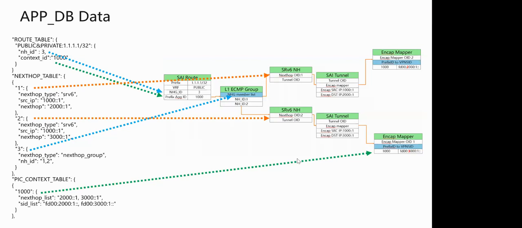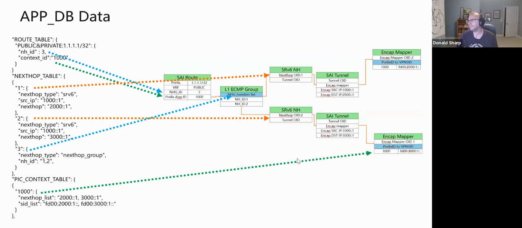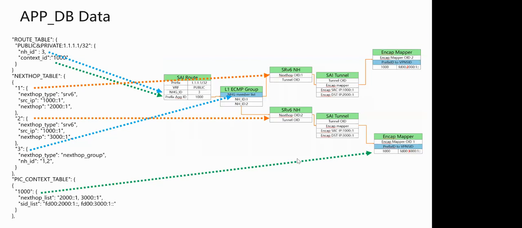The PIX context is in the encap mapper. That's where the PIX context is stored in the real hardware. Okay. So for SRv6, at least from the SAI point of view, I don't need anything extra.